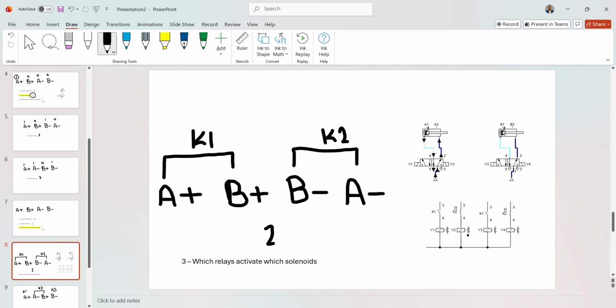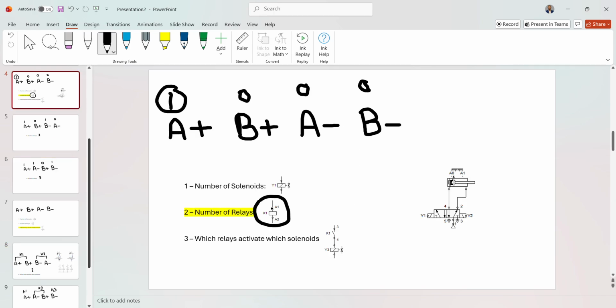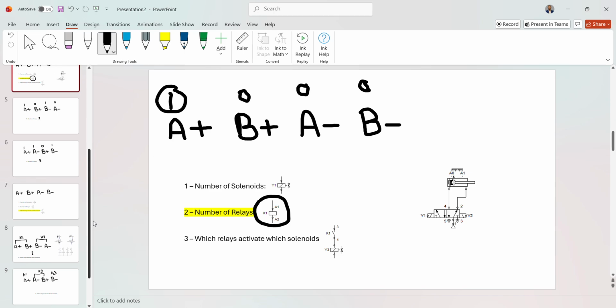So now I built the solenoids, I built the relay switches, and I can also, of course, add the relays themselves to the other side. So I've built, let's say, half of the circuit without knowing anything about logic. It's just a systematic way. All right. In the next video, we will go through examples of how to apply this method, which will make it much easier, and you will be able to comprehend it very well.